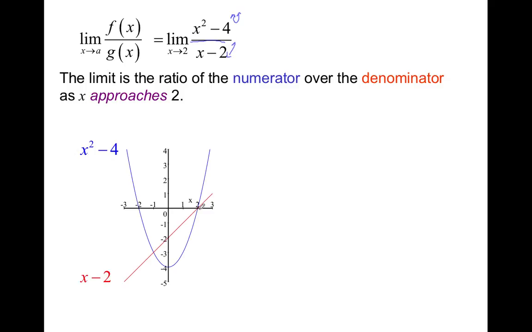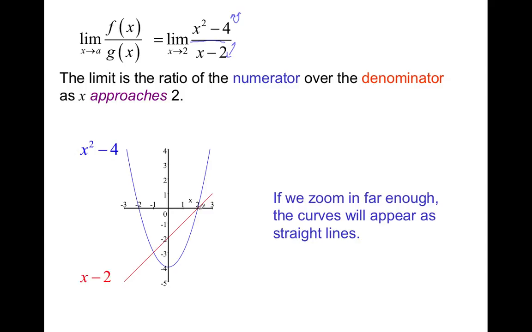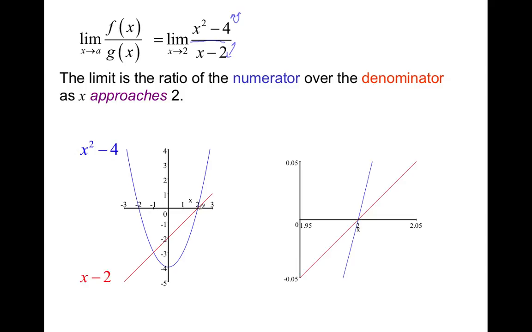But remember, a limit isn't actually about what the function is at 2. It's what happens around 2 on both the right and the left. And then further, this limit is about the ratio of those values. Because both of these functions are differentiable, if you zoom in close enough, the line, shocker, stays like a line, but the parabola also looks like a line.